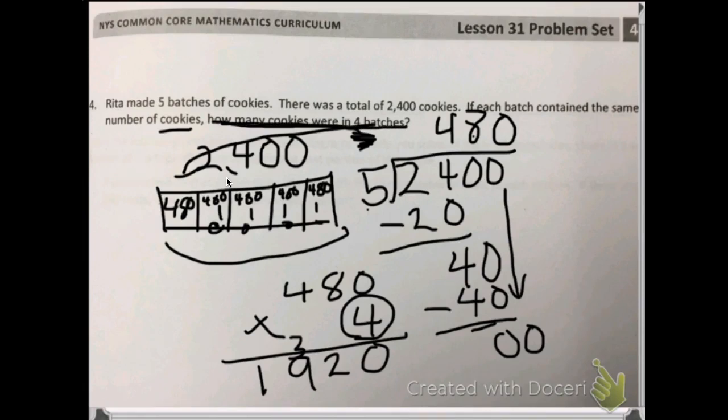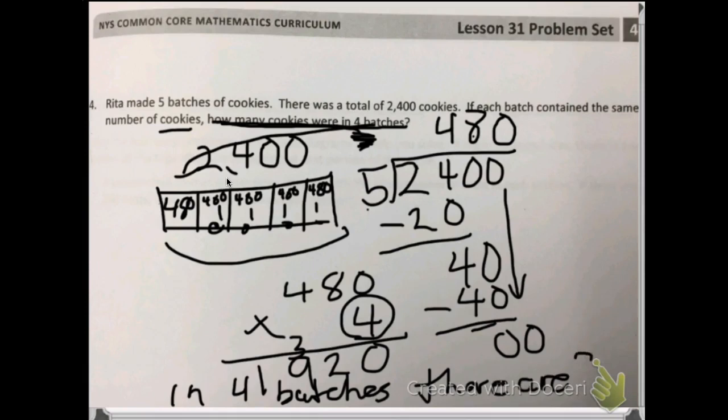So we could answer this question: in 4 batches, there are 1,920 cookies. There we go.